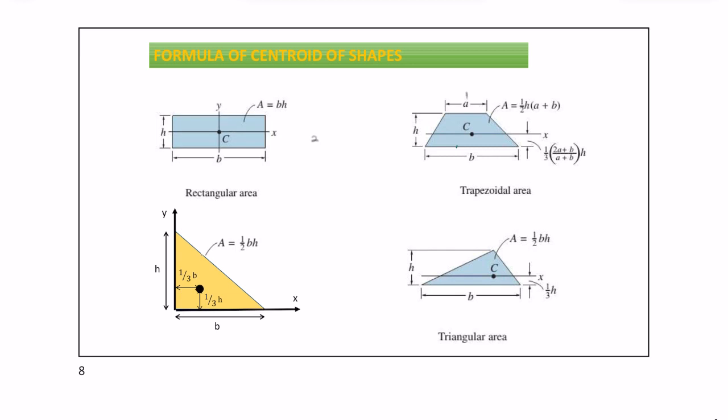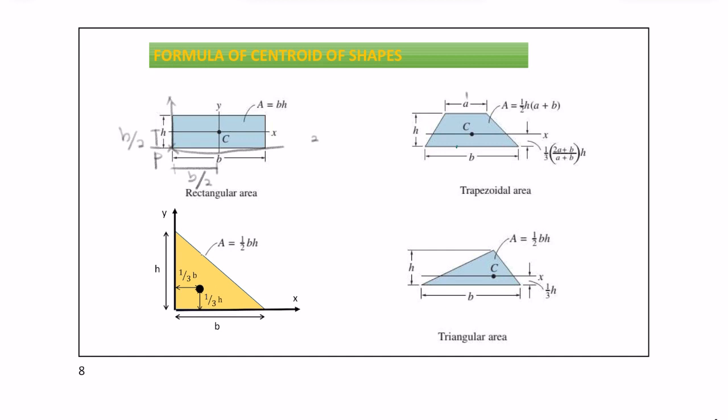Kalau you letak the reference point di sini, the distance to the y-axis will be B divided by 2 and the distance to the x-axis will be H over 2.